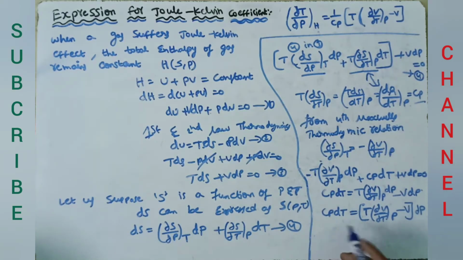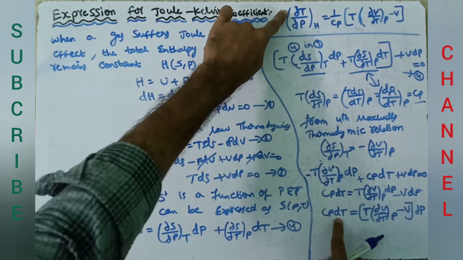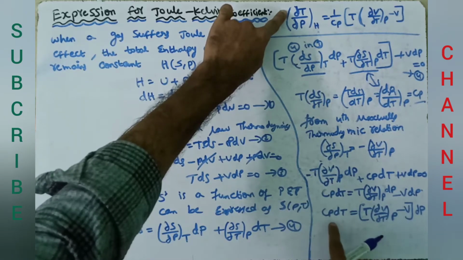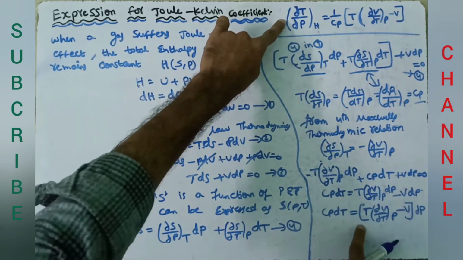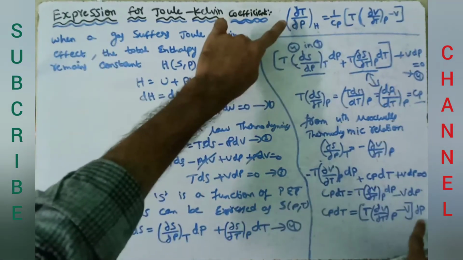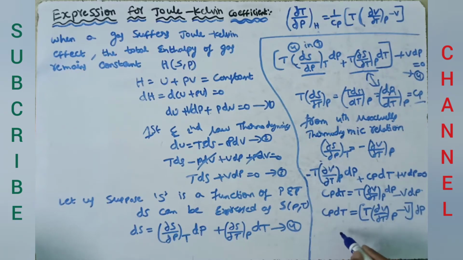Now finally, here in this equation we have dT and dP, here Cp. So we send Cp to this side, and dP we bring to this side. This equation finally becomes dou T by dou P is equal to 1 by Cp, where T into dou V by dou T, where pressure is constant, minus V.